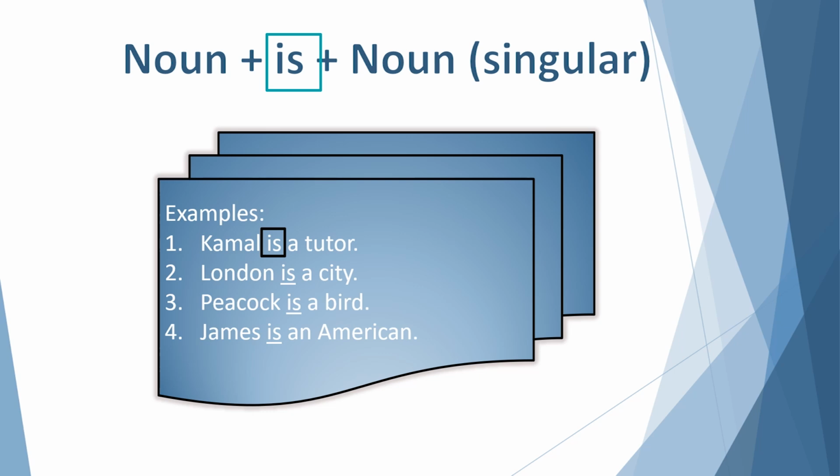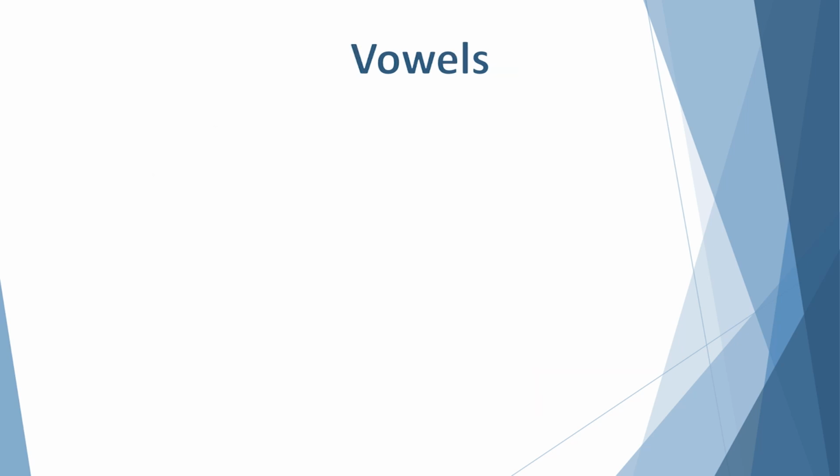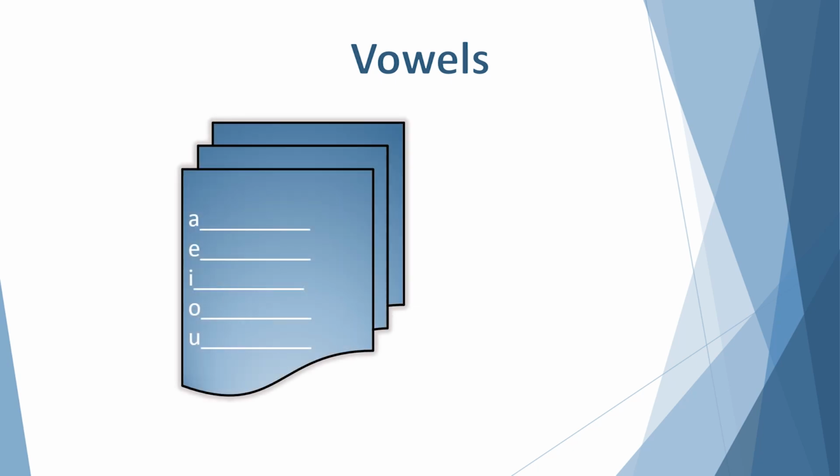So you must have noticed that in these examples, before the nouns tutor, city, bird and American, we used a and an. So now we'll discuss the concept of vowels to better understand the usage of a and an. There are 5 vowels in English alphabet, which are a, e, i, o and u.